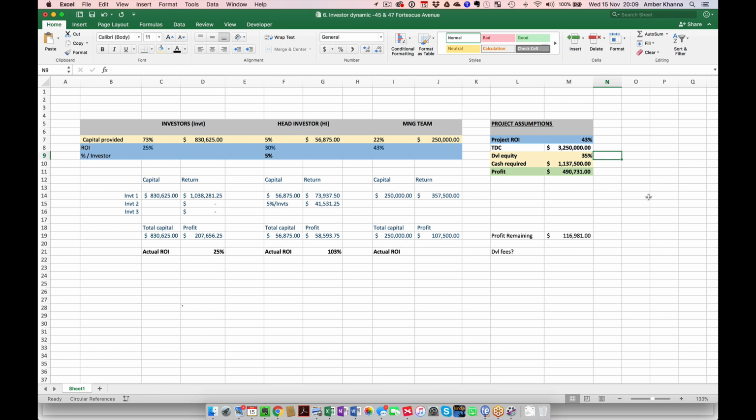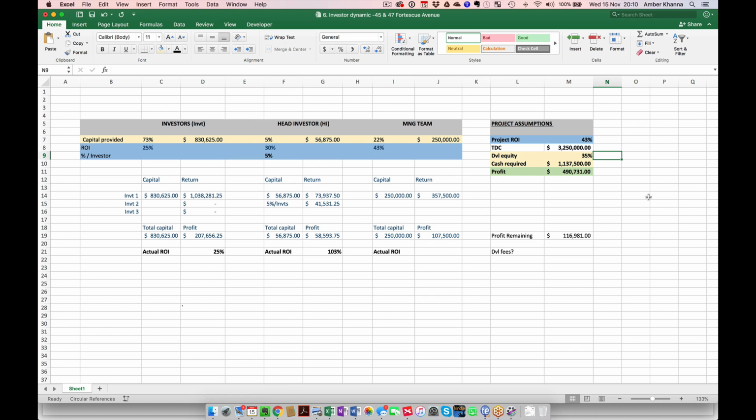What I'm telling him here is, look Leandro, I'm giving you 30% return on your investment plus 5% for each one of the investors you bring. If you bring 1 million from investors, you get 5% on that. You can change the percentages here, not the money, but if you go to management team, head investor, and investors, you can change those percentages and it will change the whole allocation.